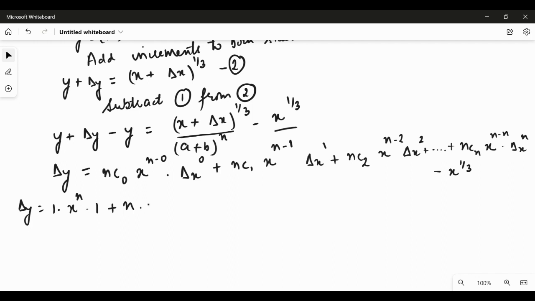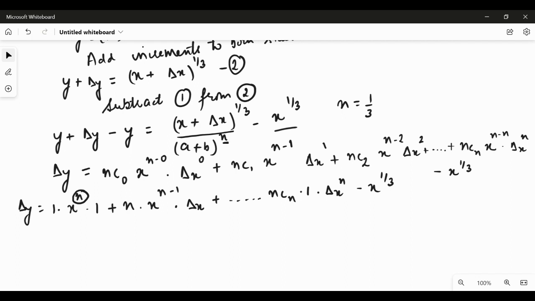It is n into x^(n−1) into Δx, plus, in the same way, the last one, nCn x^0. So x^0 is equal to 1, into 1 into Δx^n, minus x^(1/3). Okay. Now what is n here? So n is equal to 1/3.